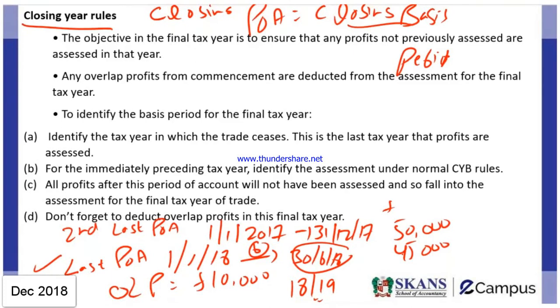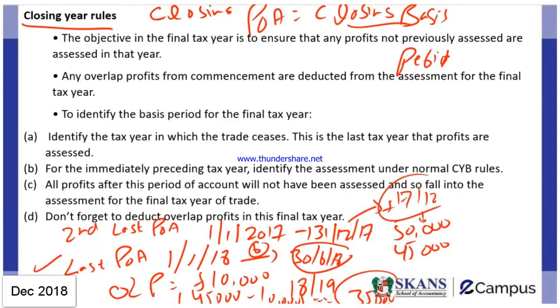So these overlap profits are relieved in the last period of account, in the closing period. How? You deduct the overlap profit. So the 18-19 profit is calculated using this formula, 45,000 minus 10,000. The profit assessed is 35,000 in the last period, and the profit of 17-18 is assessed in full, 50,000.